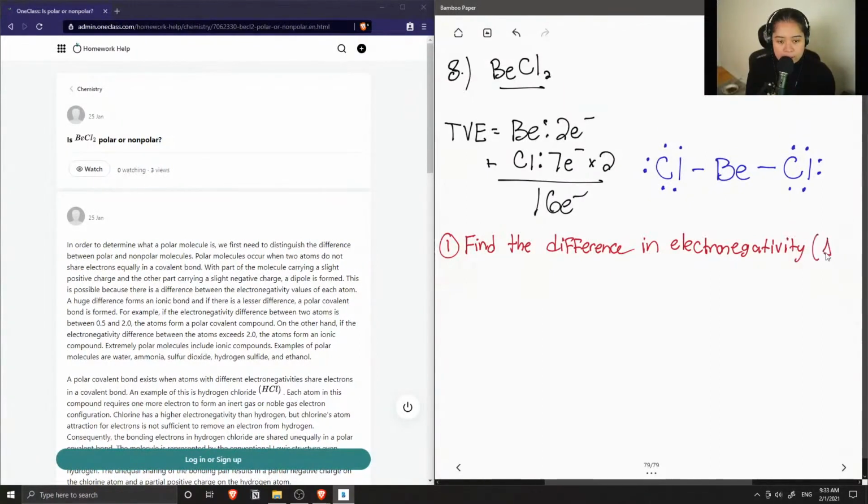So this can be delta EN between chlorine and beryllium to see if the bond is polar or nonpolar.